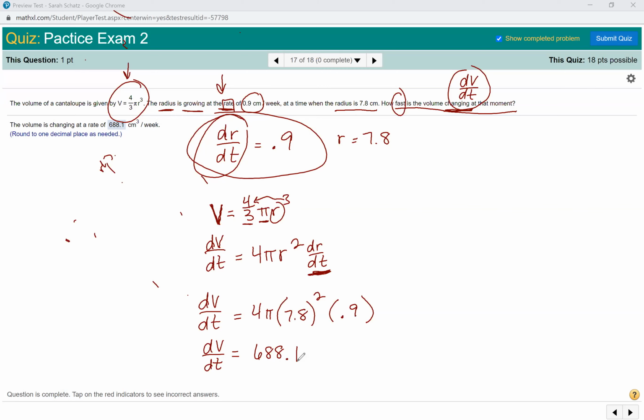Just make sure when you're doing that problem and you're using your calculator, use the pi button. Don't just say, oh, pi is about 3.14 and then use 3.14. Your decimal will be off if you do that. So actually use your pi button in your calculator.